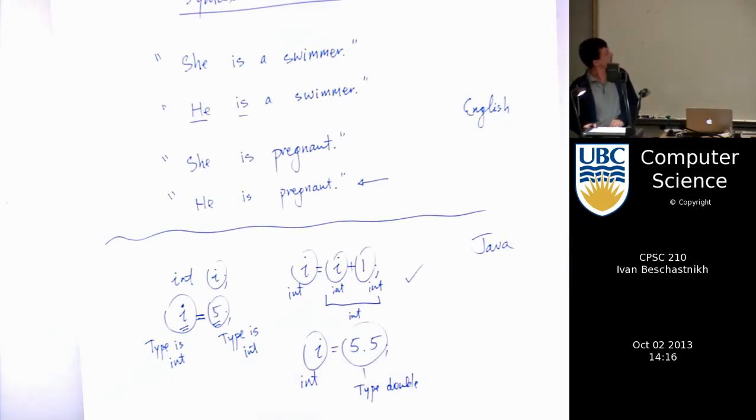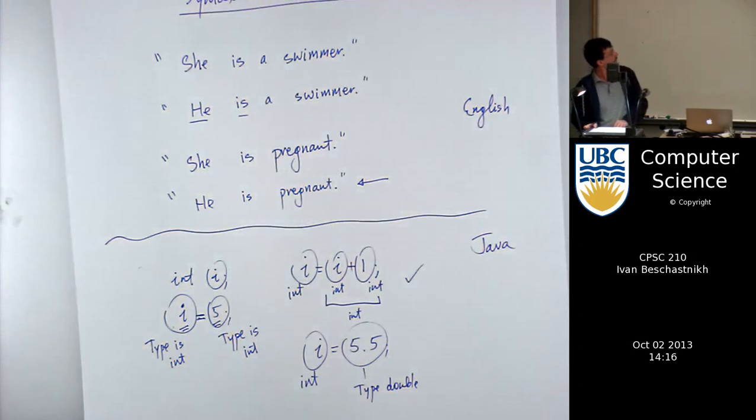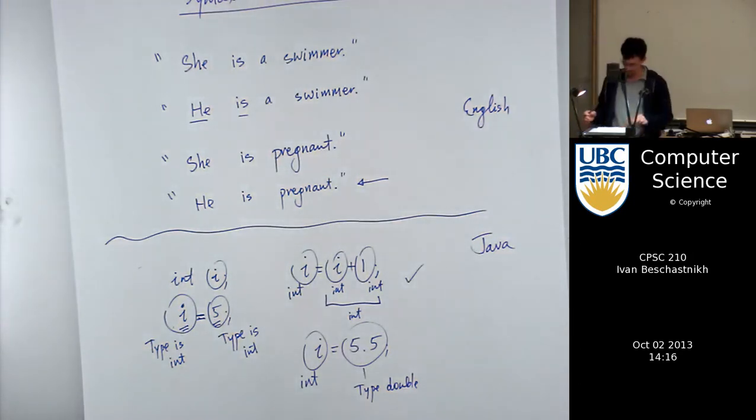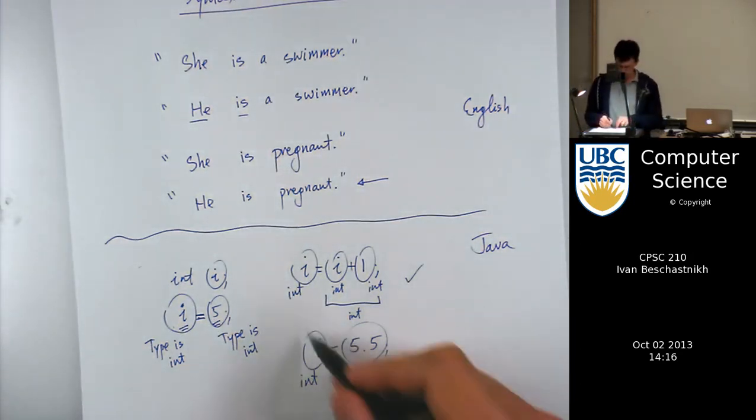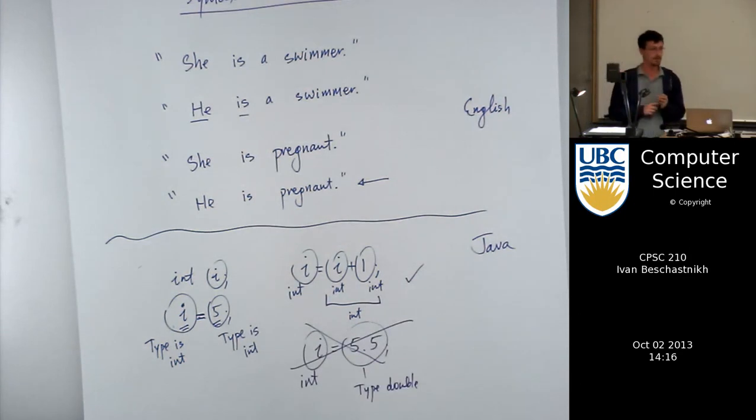So this is illegal, right? I can't do this. i equals 5.5 is illegal because I can't assign a double to an integer.